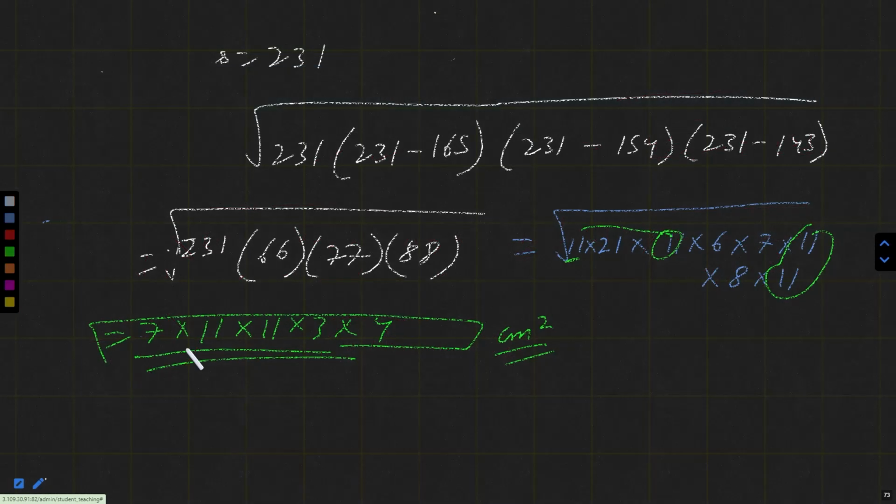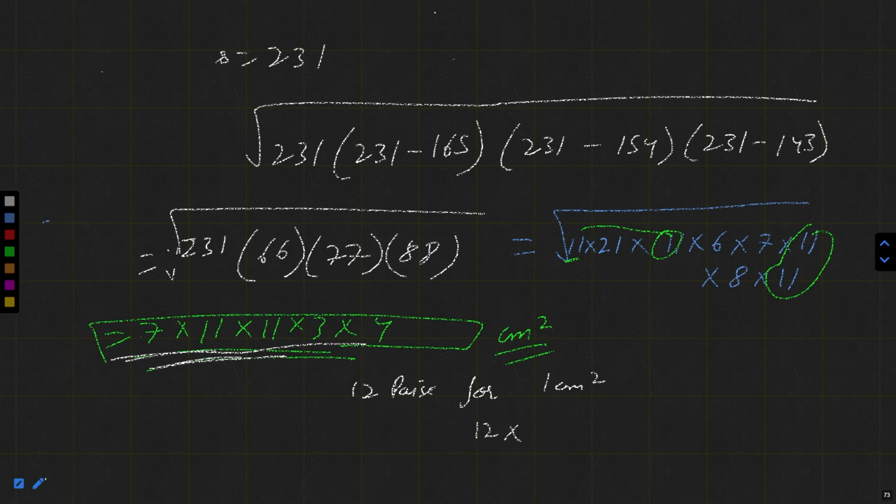Now my area is this, and we know a worker charges 12 paise for 1 centimeter square, and I have so many centimeter square, so just multiply. 12 times 7 times 11 times 11 times 3 times 4 paise he will charge for that triangular piece.